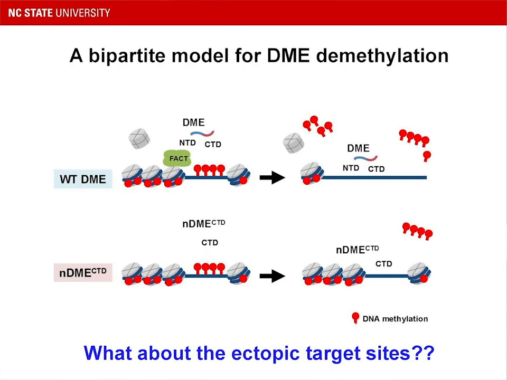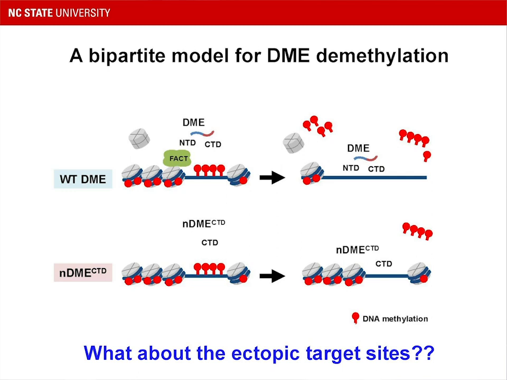Okay, so based on our results, this is our working model. We think that DEMETER has two separate units. It's a bipartite organization, and the C-terminal directs where it needs to go. And when it encounters the nucleosome, the N-terminal recruits the FAC complex to remove the nucleosome so that it can process the longer target demethylation.